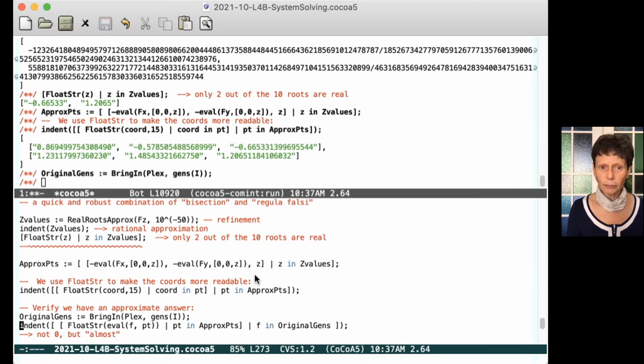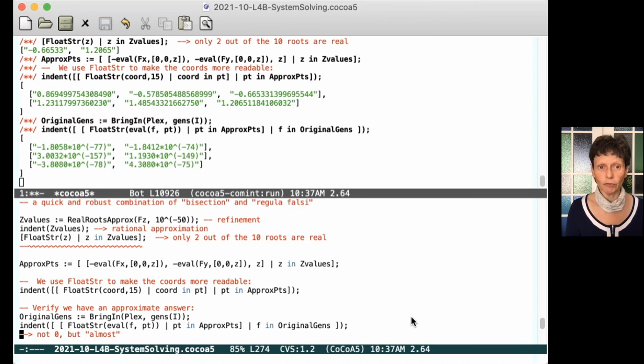But we can bring in the original generators in my new polynomial ring, and do the same as we did before. We evaluate all the polynomials at all the points and see what happens. And what happens is that we get something which is not exactly 0, but pretty close to 0.